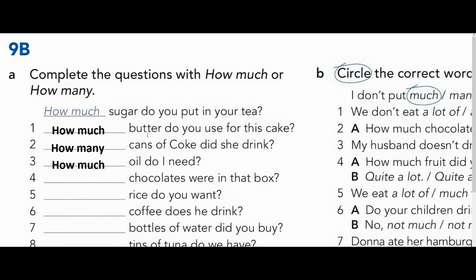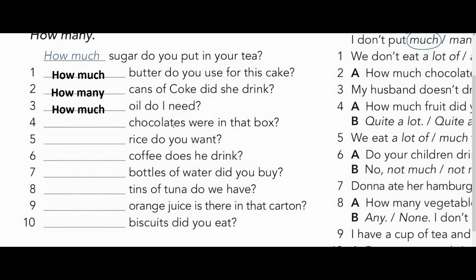Думаю, не перепутайте. Так, chocolates were in that box. Chocolates, наверное, это как шоколадные конфеты. То есть, скорее всего, здесь имеется в виду вот так вот. How many chocolates were in that box? Дальше идем. Number 5. Rice. Rice – это рис. Рис у нас неисчисляемый. Пишем вот так вот. How much rice do you want?